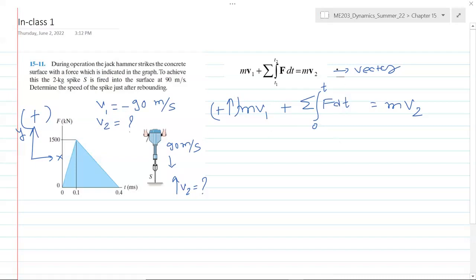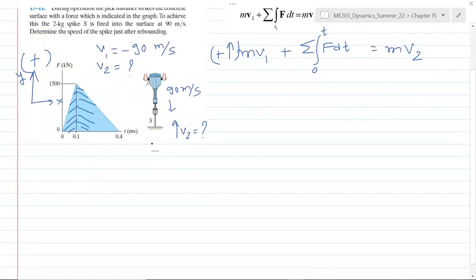How about the impulse itself? The force is given as a function of time, so from that we can find the impulse. Integration of a graph is nothing but the area under the graph. So we need to find the area of two triangles, this small triangle and this big triangle, and that gives us the total impulse. Let's draw the impulse-momentum diagram for the spike.